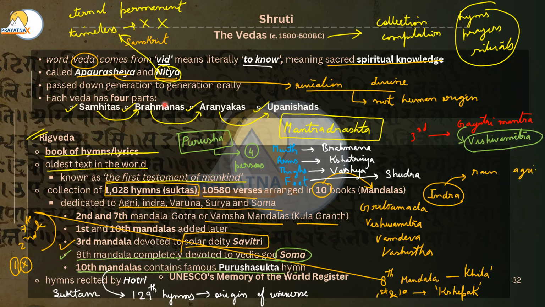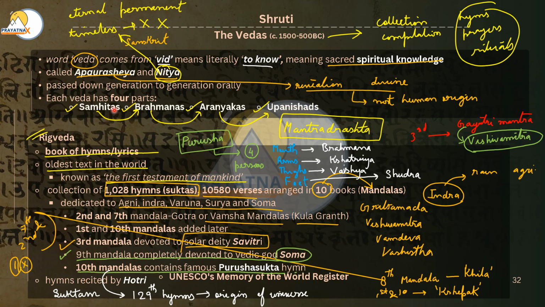Brahmanas are basically a guide for the priests. Aranyakas include worship and meditation, and Upanishads are the moralistic teachings which include the mythical and philosophical teachings.